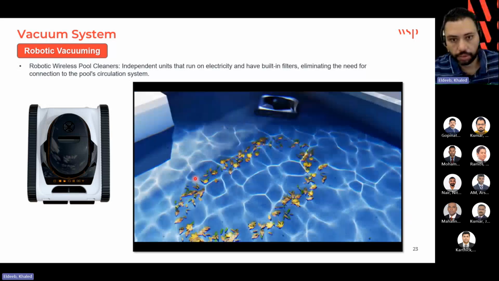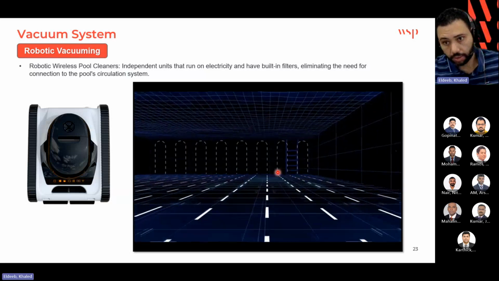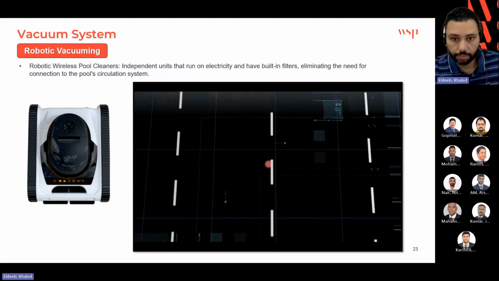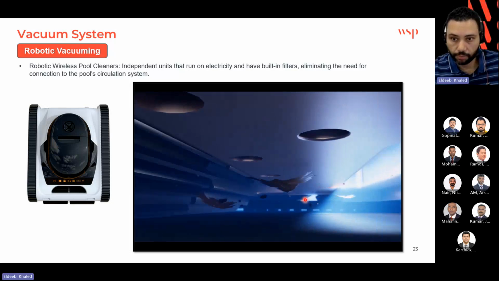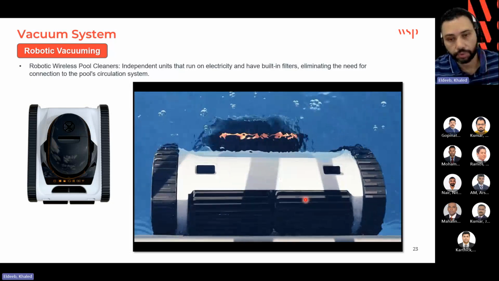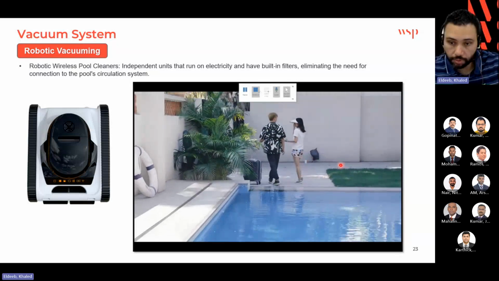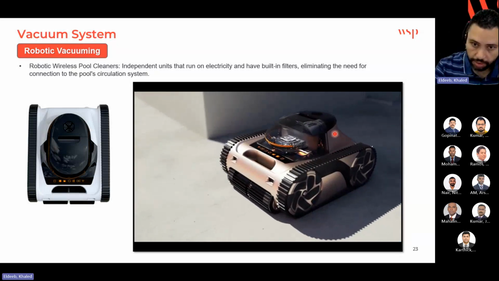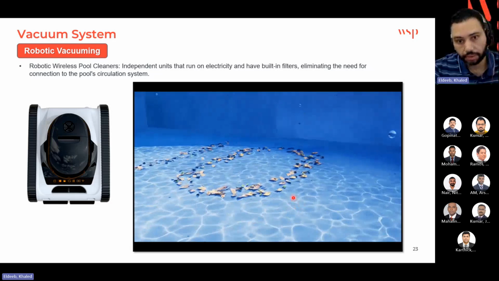So how it works, just put it in the pool, as you can see in this video, drop it in, and then it moves on its own, because it has wheels or tracks to move around the pool. So it goes everywhere to clean floors and walls. It also uses brushes and suction to scrub and collect dirt.